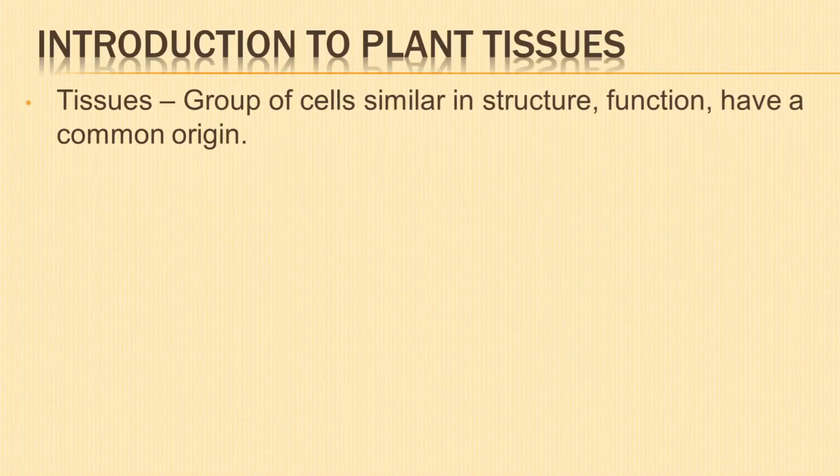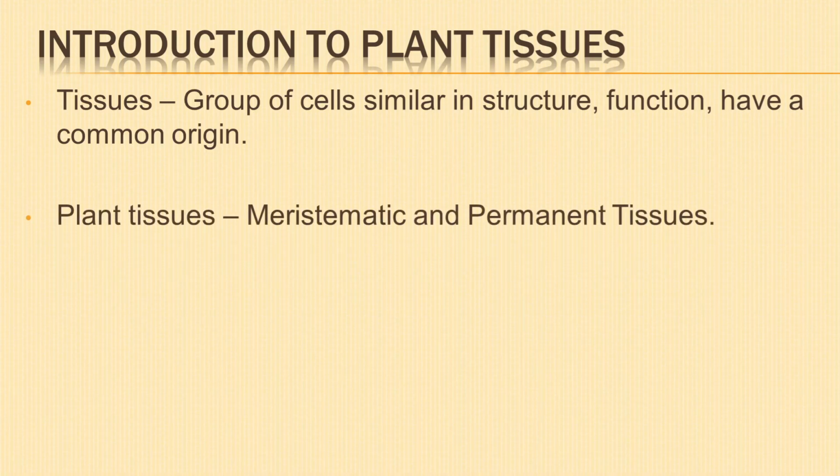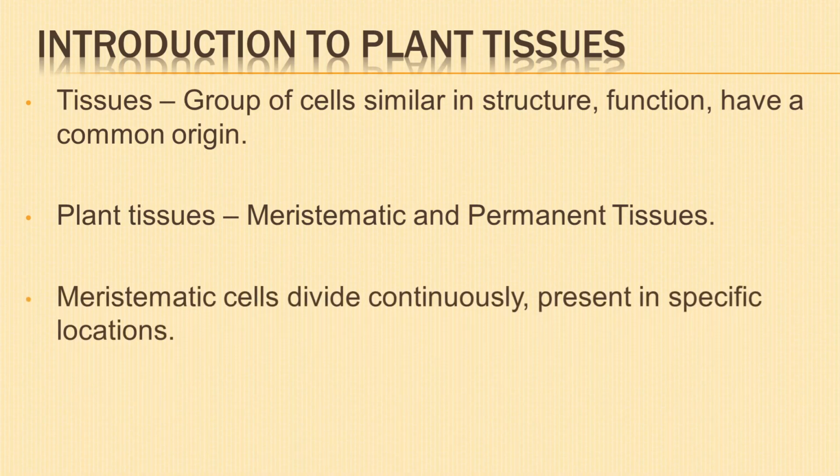Tissues are a group of cells similar in structure and function and have a common origin. Plant tissues are primarily classified into two groups, meristematic tissues and permanent tissues. Cells of meristematic tissues are capable of dividing continuously to produce new cells.